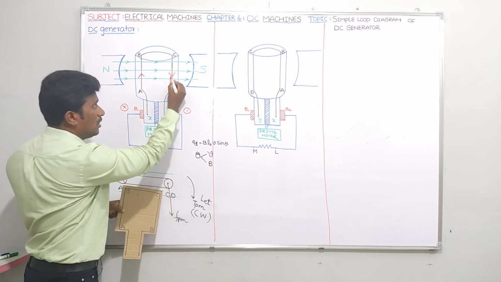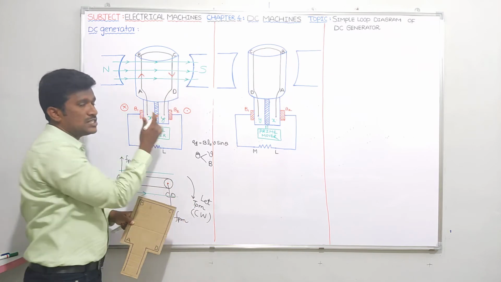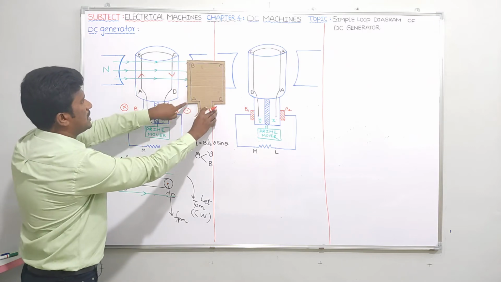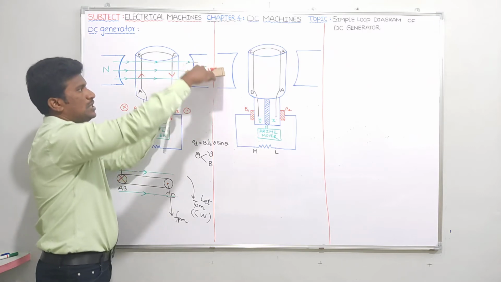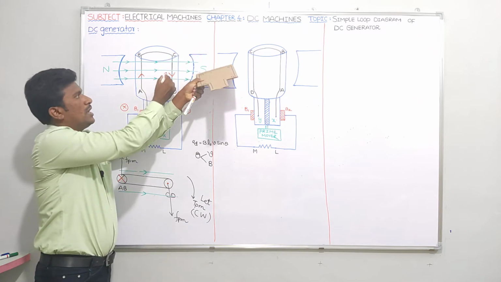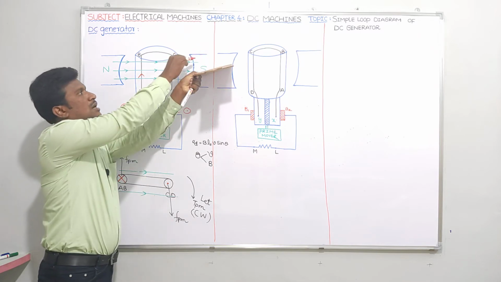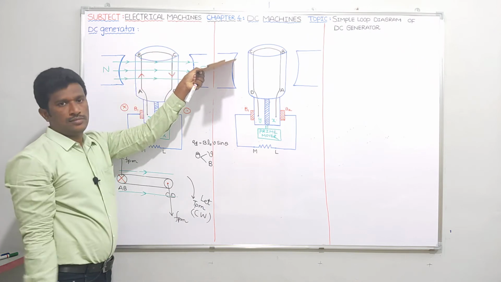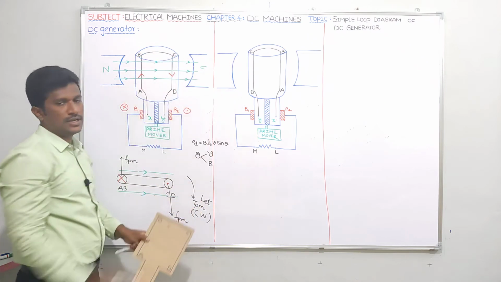See, don't get confused that the arrow mark is downwards, sir. It is not downwards. If you see three dimensionally, you should not place A, B, C, D like this. Please place like this. At that time, at CD, your downward arrow mark becomes what? It is coming from the board towards you. That arrow mark I am just showing here.